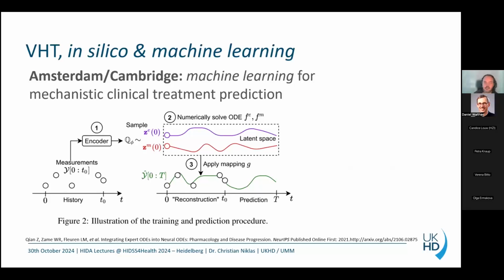So clinicians and data scientists working together, and they have, on the basis of a COVID data set, produced a NeurIPS paper that devised a machine learning architecture that informs an ODE, ordinary differential equation model of pharmacology, something that we use for ages in medicine, but which are quite tedious to devise.